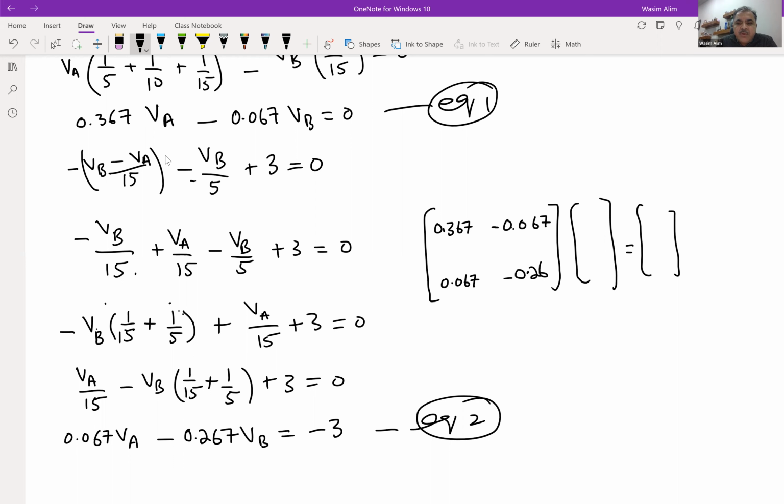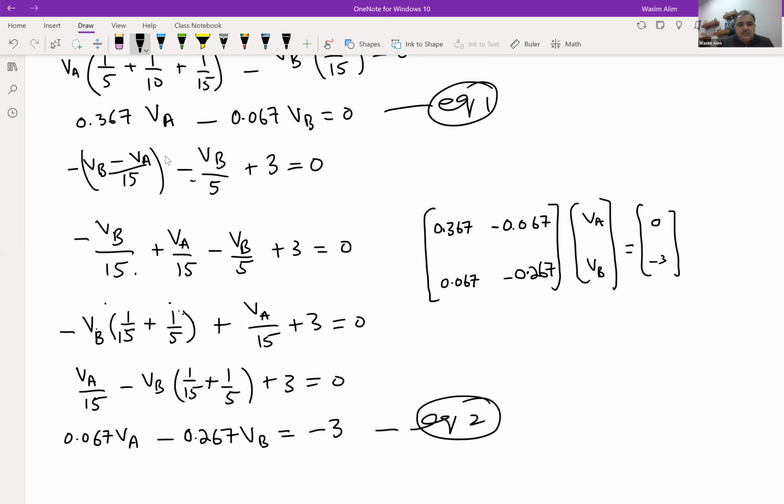This is the decimal point, and then I have the two unknown values of V sub A and V sub B, and then I get the two constants. The first one has a 0, so there's no constant in that. But the second one I have -3, and then this can be solved.